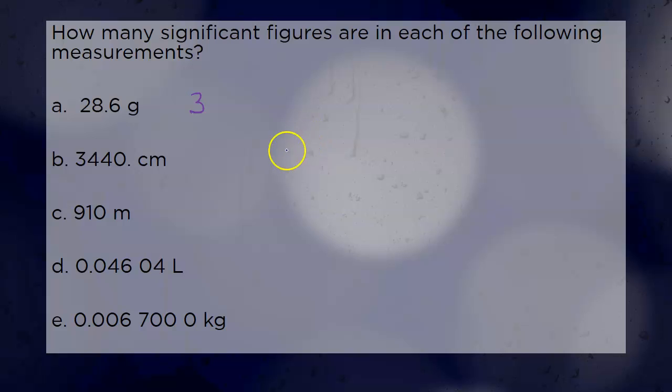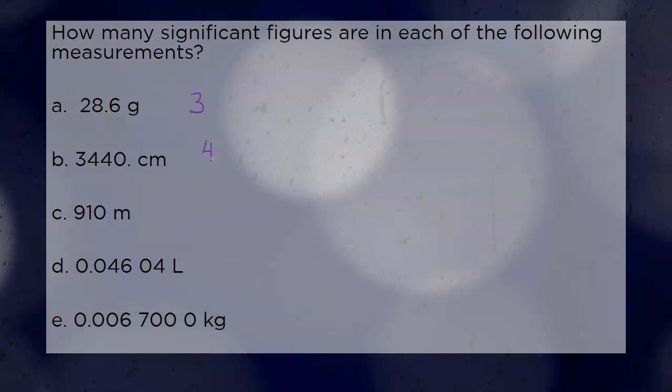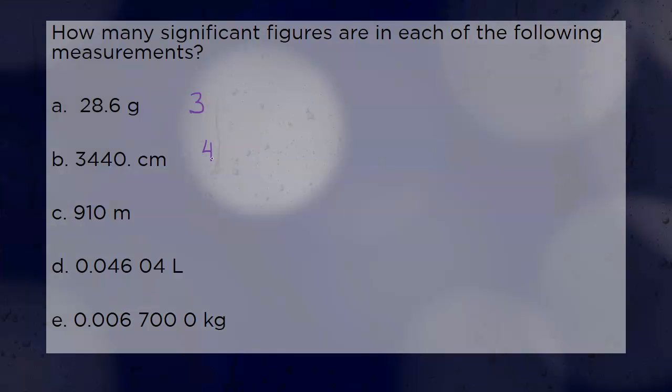Would it also be 3? So, it'd be 4 because I put that decimal in there. That's telling me that zeros to the right of non-zeros are significant now. So it'd be 1, 2, 3, 4. If I didn't have that decimal there, then you'd be right. It'd be 3.